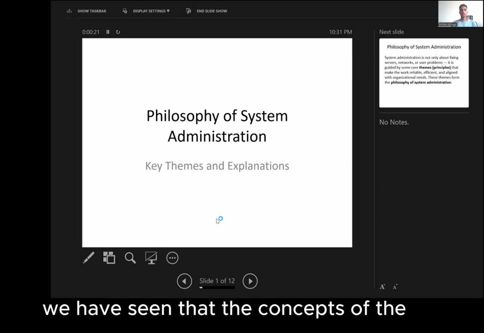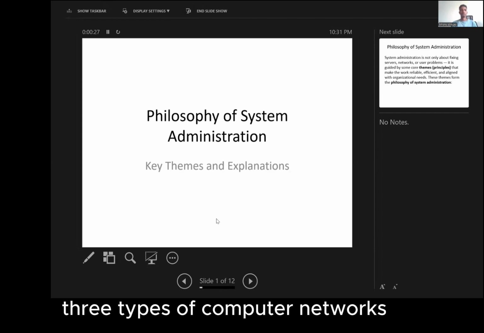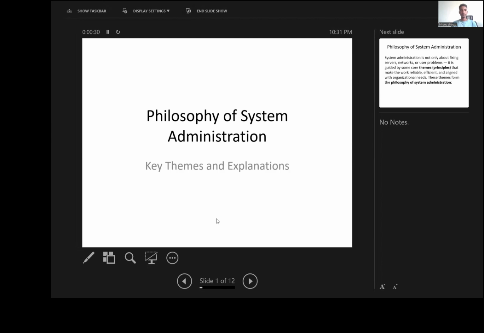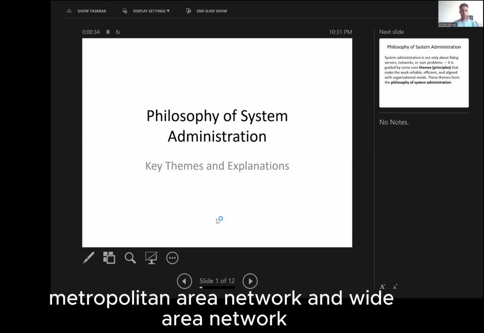In the previous lesson, we have seen the concepts of the three types of computer networks: local area network, metropolitan area network, and wide area network.